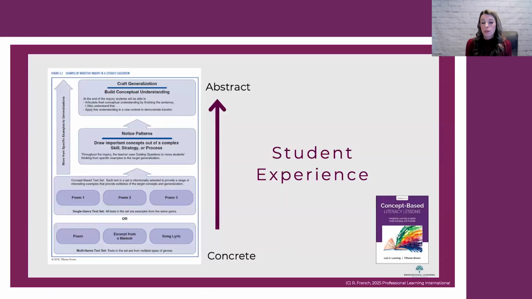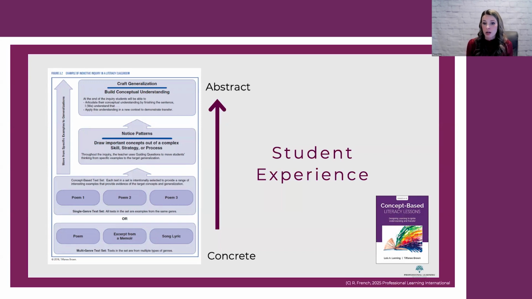This is a visual that represents what an inductive learning experience might look like in a literacy classroom. Take a look at the bottom of the visual first. Again, we're moving from concrete to abstract. The first step is for students to examine or investigate concrete examples. This might be a single genre text set: poem 1, poem 2, poem 3, paragraph 1, paragraph 2, paragraph 3.